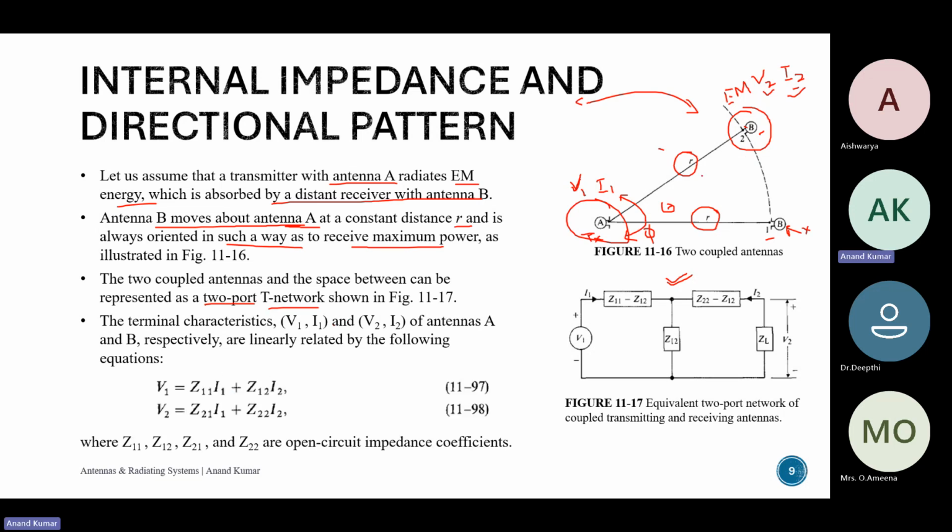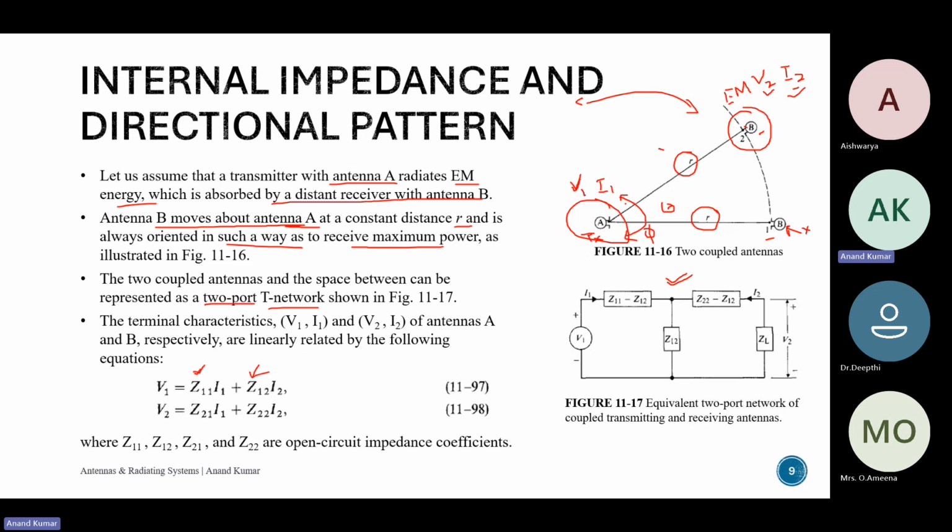So this implies that voltage V1 is equal to Z11 I1 plus Z12 I2. Z11 is the input impedance of the antenna, and I1 is the current in the antenna terminals due to the voltage. And Z12 is basically due to the mutual coupling.